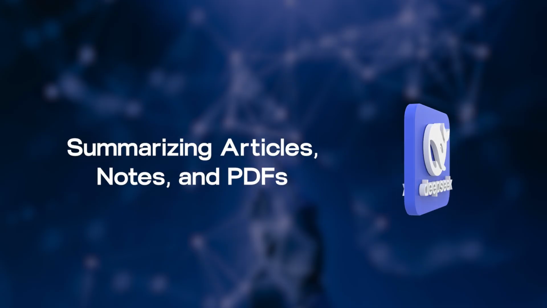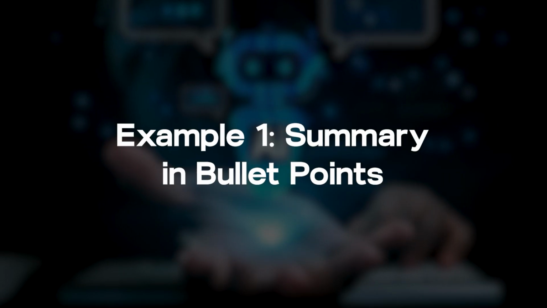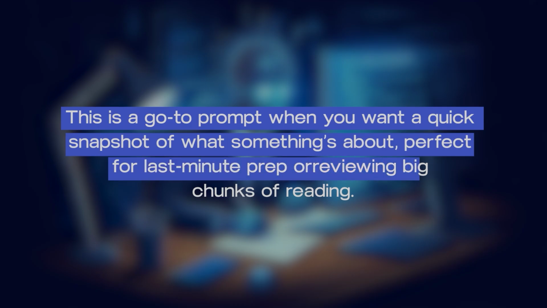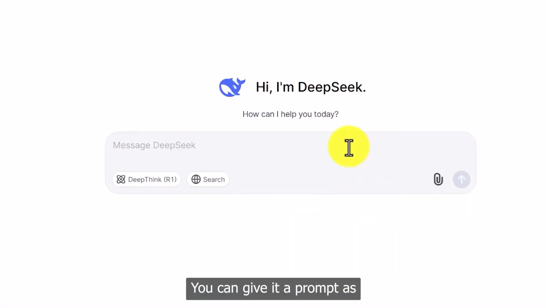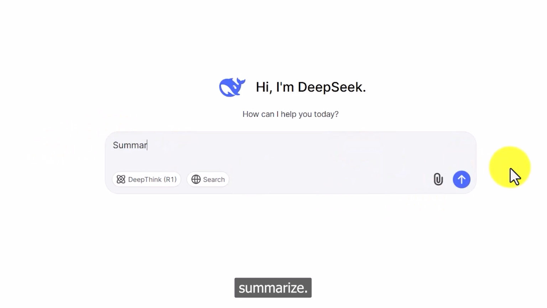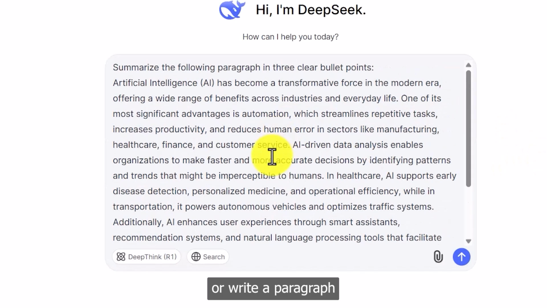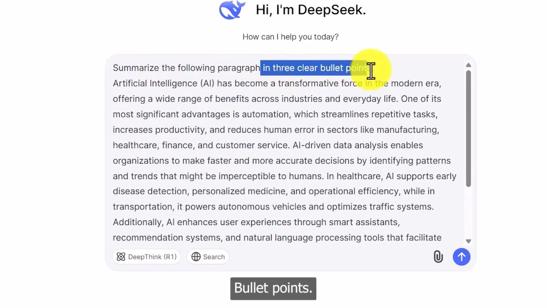Summarizing articles, notes, and PDFs. Example 1. Summary in bullet points. This is a go-to prompt when you want a quick snapshot of what something's about. Perfect for last-minute prep or reviewing big chunks of reading. You can give it a prompt as "summarize the following paragraph in 3 clear bullet points:" and just paste the text or write a paragraph that you want to be summarized in 3 bullet points.